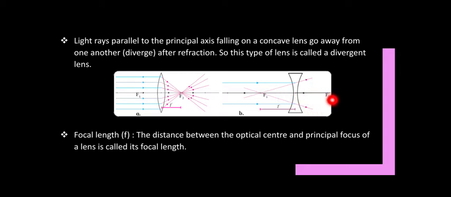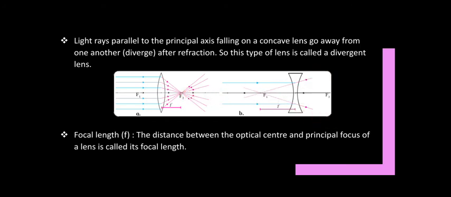They diverge after refraction, and that is why this type of lens is called a divergent lens, because it is diverging the light. Whereas the convex lens was converging the light. See, it is converging here, whereas this is diverging.